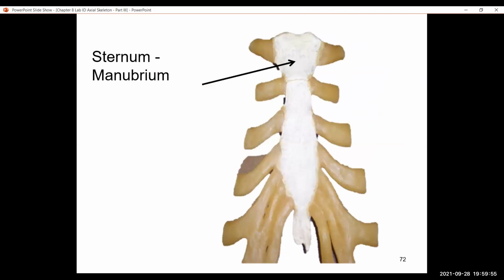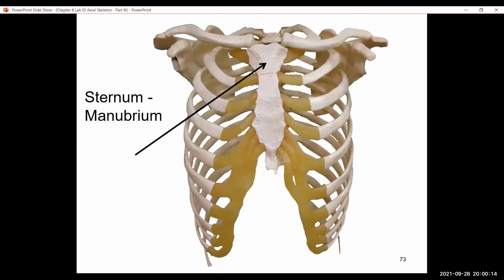All right, let's get to the rib cage here. So the rib cage is made up of your sternum and your ribs. So the sternum has 3 parts to it. The most superior portion is the manubrium. That's where your first rib and your collarbones or clavicles attach onto. So there's the manubrium.